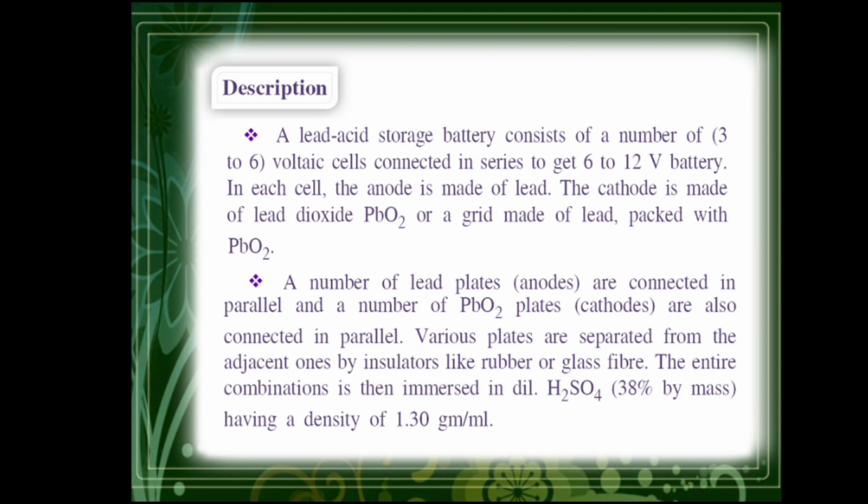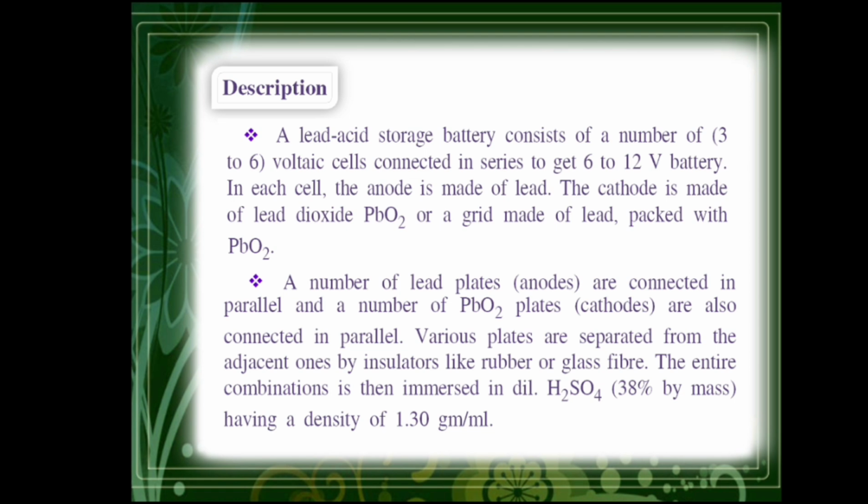Description: a lead acid storage battery consists of a number of voltaic cells connected in series to get a 6 to 12 volt battery. In each cell, the anode is made up of lead, and the cathode is made up of lead dioxide, or a grid made up of lead packed with lead oxide.